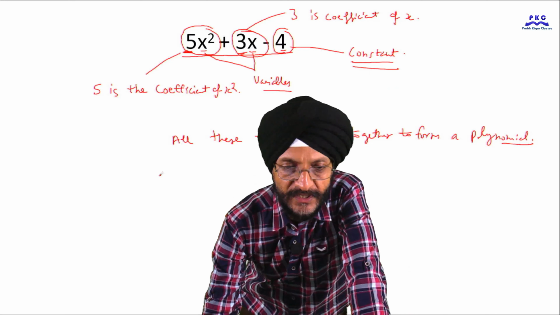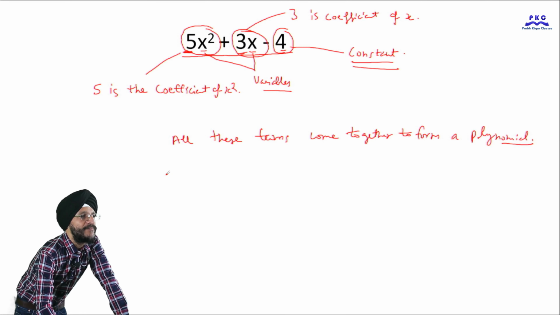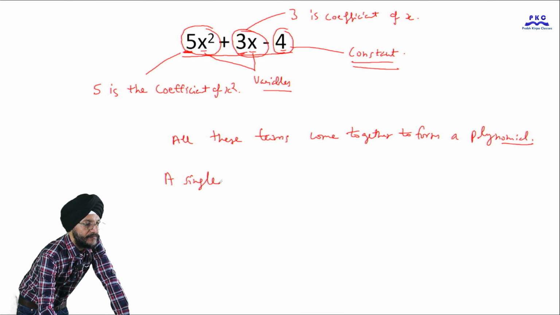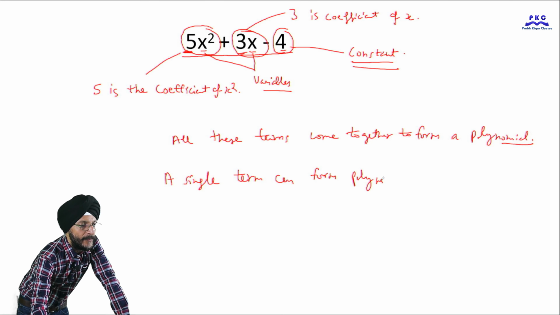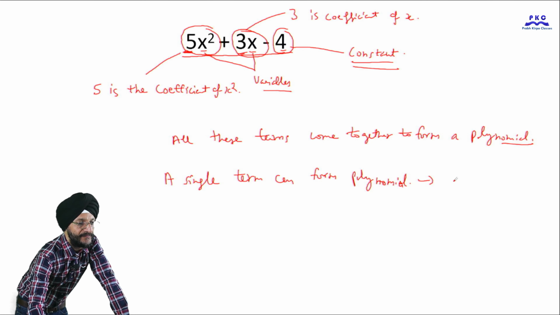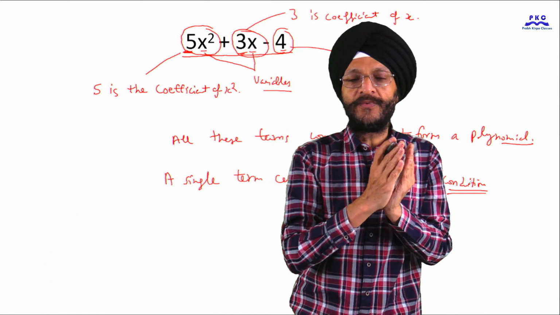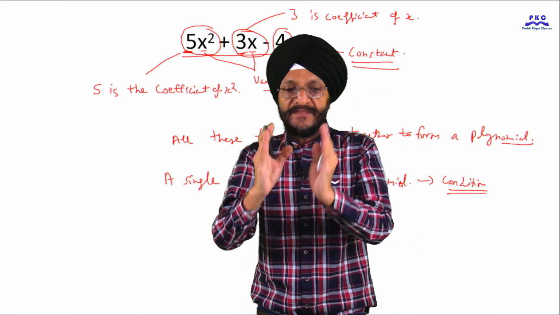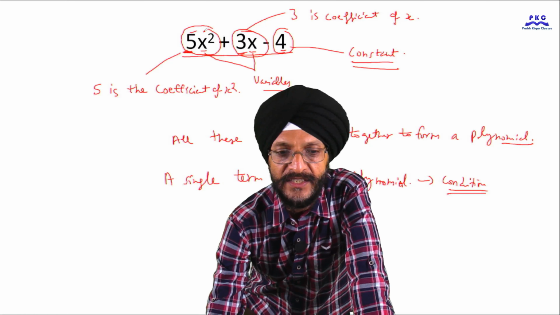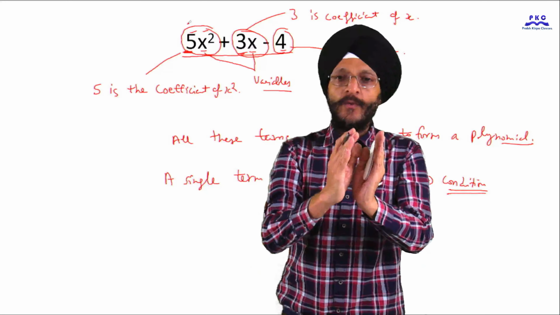So the answer is yes, a single term can form a polynomial. But there is a condition. And what is that? The term should be a combination of coefficient as well as variable. This is the coefficient, this is the variable x. A combination of both should be there.